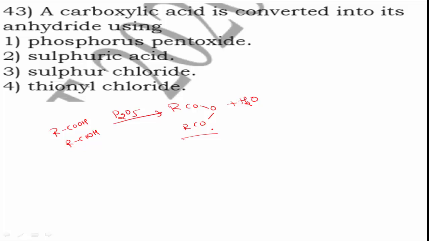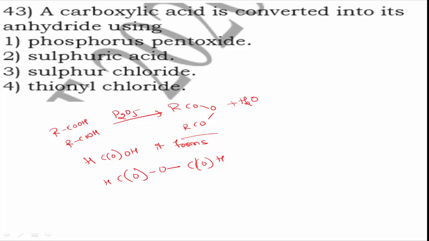For instance, if we take formic acid, HCOOH, it forms HCO-O-CHO, where the oxygen in brackets is double bonded.